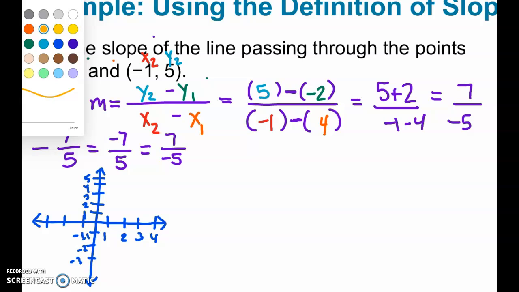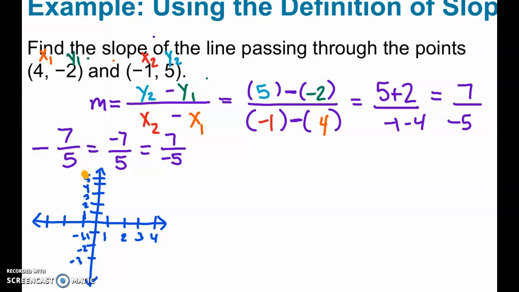Negative 1, 5 would be somewhere here, and 4, negative 2 somewhere here. And then I'll draw, well, as straight of a line as I can on this, and this is the line that connects these 2 points. This has a negative slope, meaning from left to right, it's going to go downward. And I did end up with a negative number here. I ended up with negative 7 over 5. So I should expect my graph to go downward from left to right.